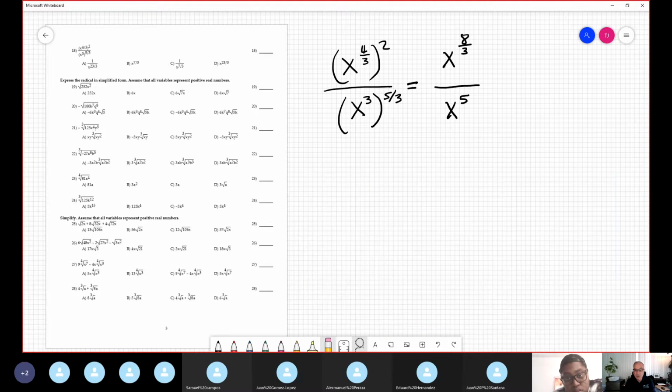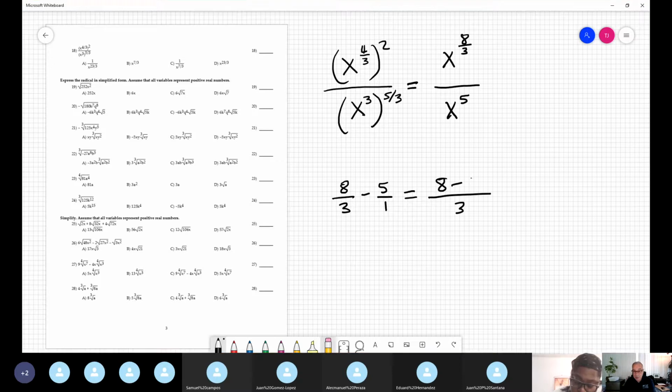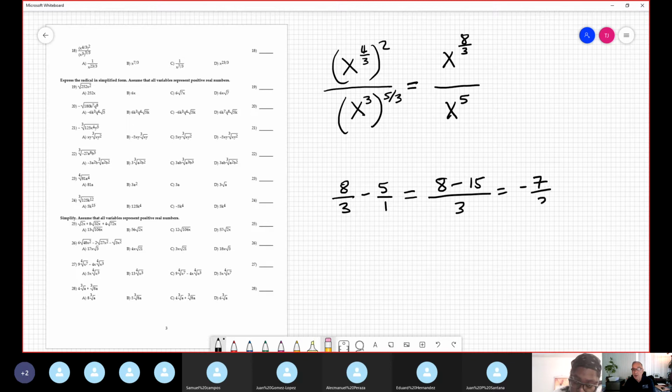So basically you're subtracting 8 over 3 minus 5. 5 is a whole number, I suppose always that the denominator is 1. The LCD is 3. So 8 minus, 3 times 5, 15. Okay, so minus 7 over 3.